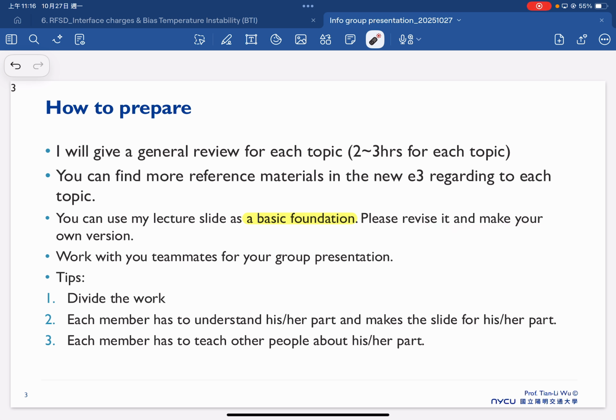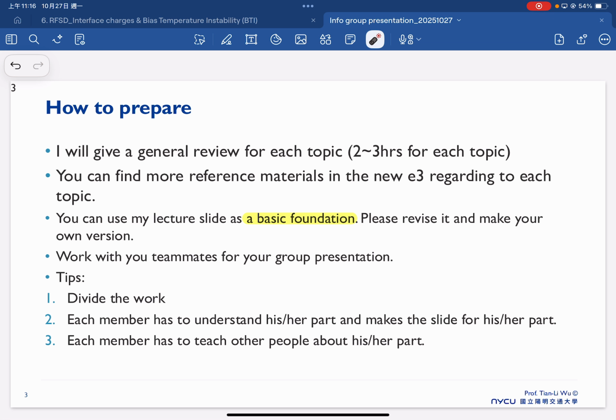And then you also have to work with a teammate for your group presentation. As I said, if you don't prepare, you will not only present a certain part, because you are randomly chosen.